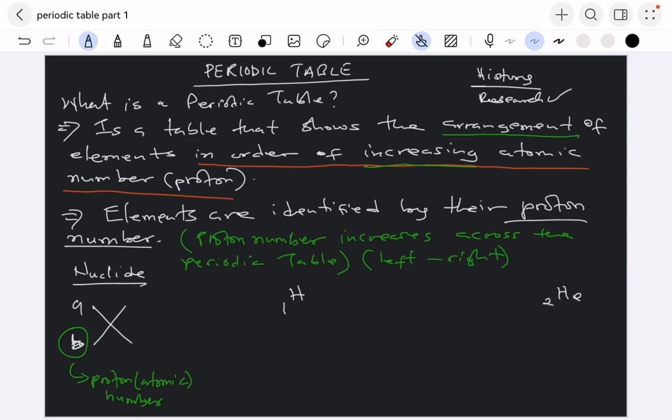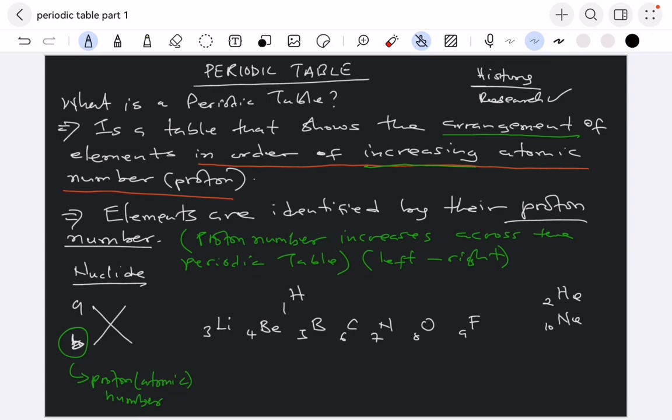When you come back to your left, you will find lithium with a 3. Then beryllium with a 4. Then boron with a 5. Carbon with a 6. Nitrogen with a 7. Oxygen 8. Fluorine 9. Then neon 10.